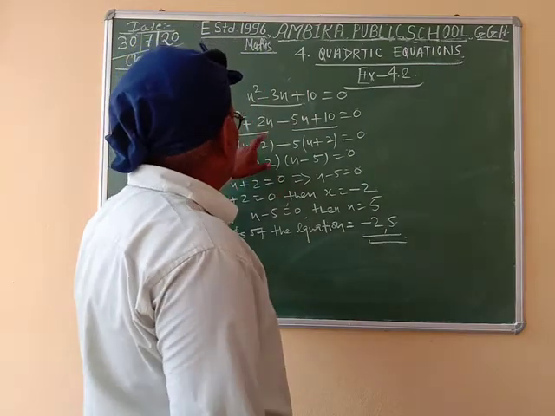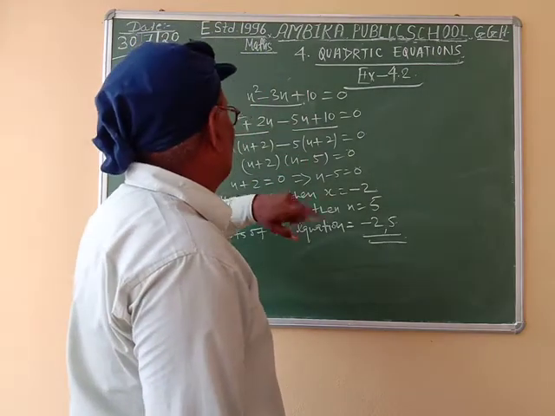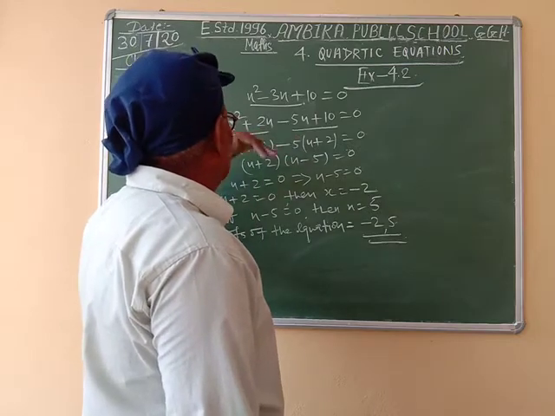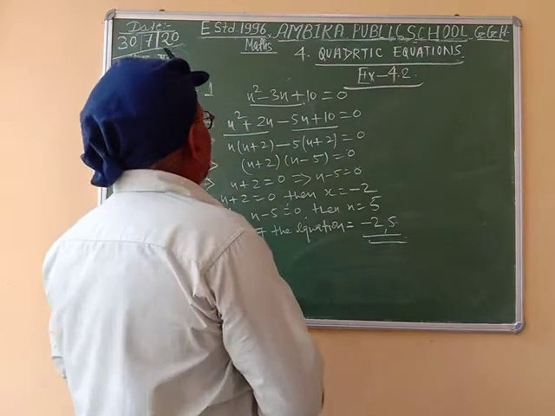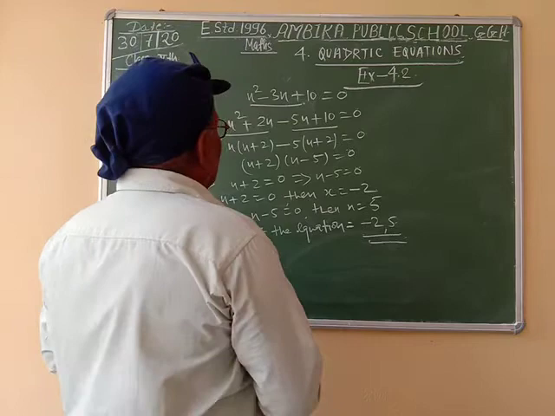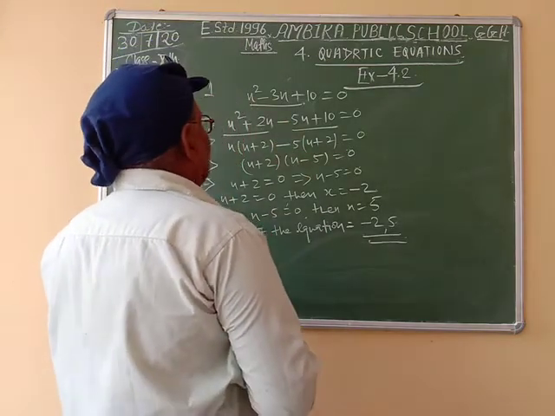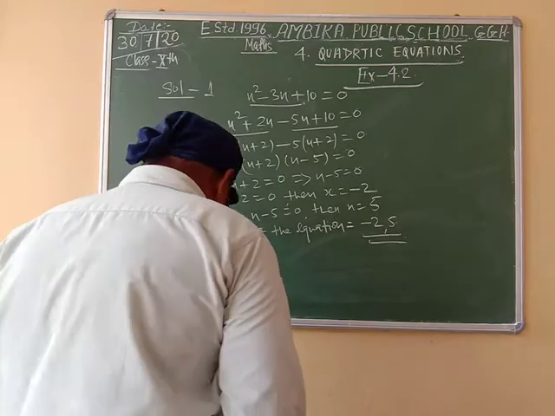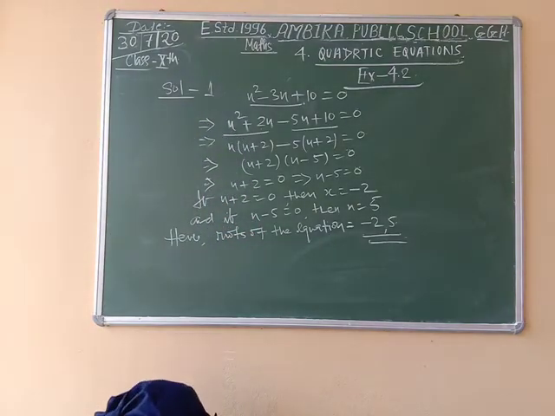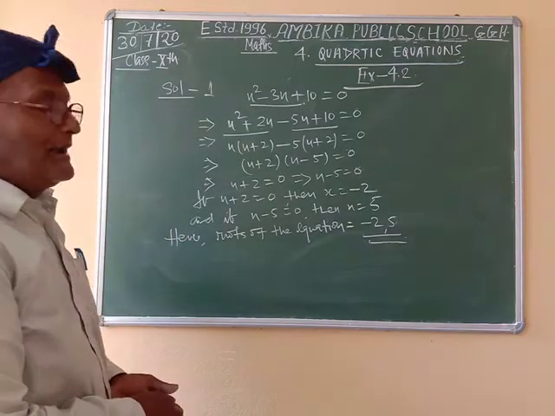Such numbers are plus 2 and minus 5, because if we add 2 and minus 5 we get minus 3, and if we multiply them we get minus 10. So the appropriate numbers are plus 2 and minus 5.